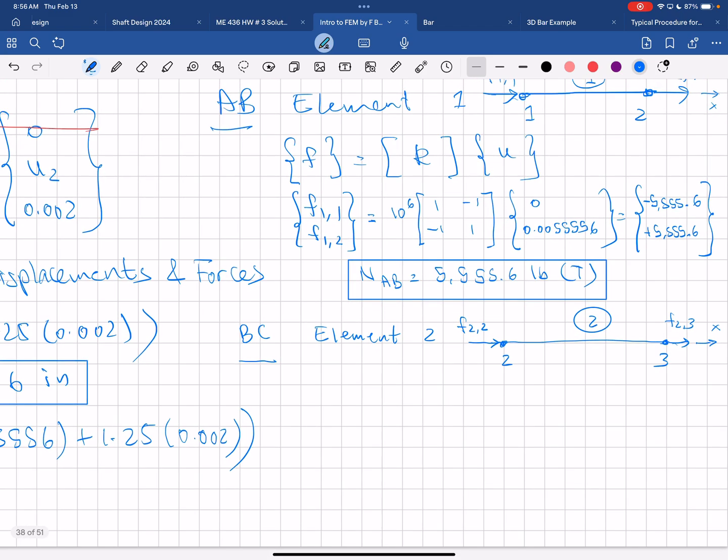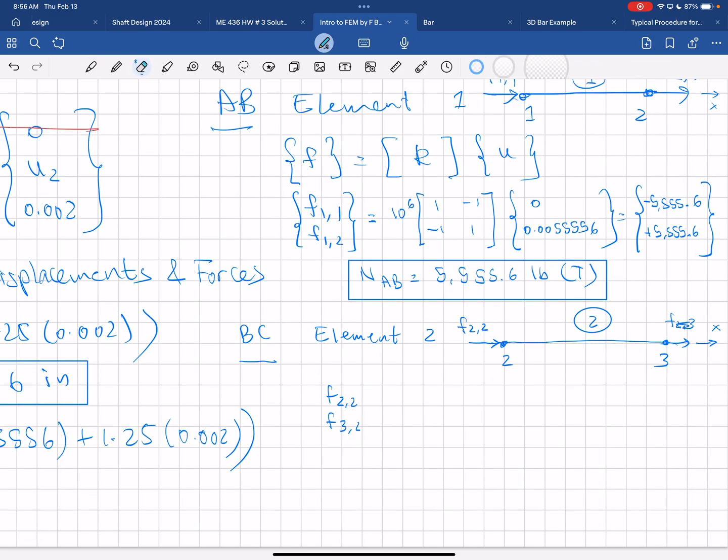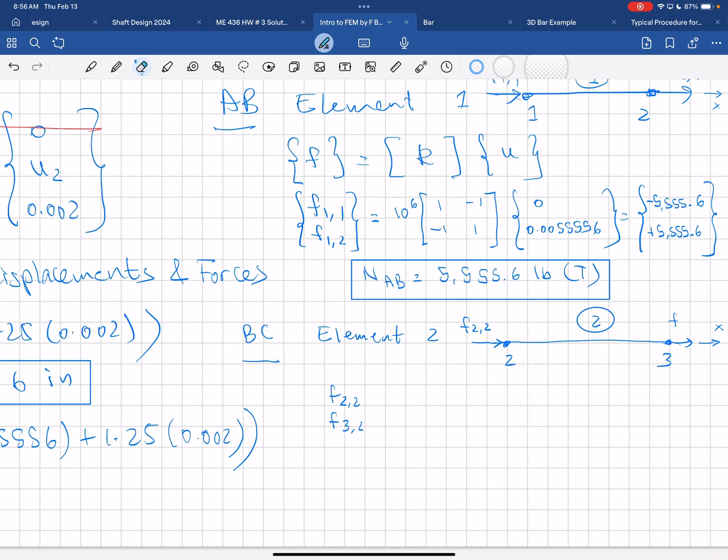I'm going to write the element stiffness equations. Sorry, I wrote this wrong: this is F32, applied on node 3, element 2.